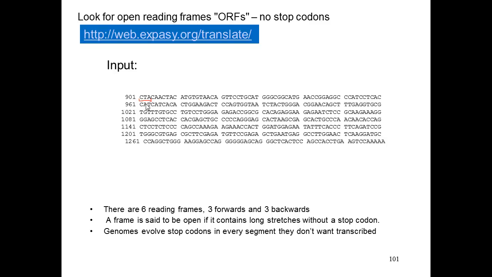We can take the first 3 nucleotides, or nucleotides 2 through 4, or nucleotides 3 through 5, as the 3 together that will define an amino acid. We can do this for the strand that we can see, or for the strand that we don't see, and instead of going in this direction, go in that direction based on the other sequence.